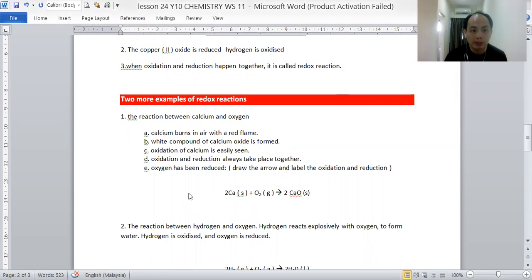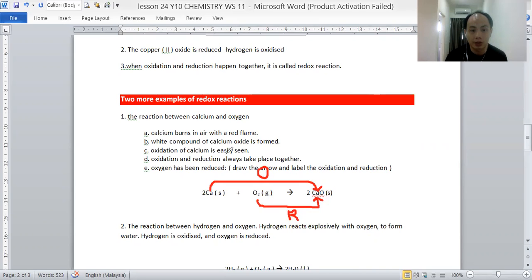So we go to the next example. Reaction between calcium and oxygen. Actually, it's the same thing. Calcium become calcium oxide. Calcium gains oxygen, so this is oxidation. And oxygen combined with calcium is reduction.